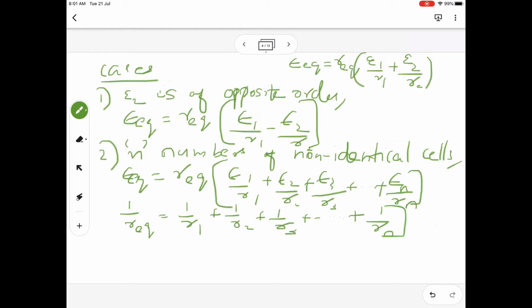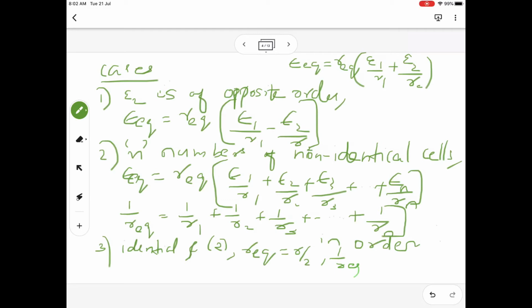Now the third case: what if the cells are identical, up to n numbers? We'll first see two identical cells, and from there the general equation for n cells. For two identical cells, R equivalent can be R by 2.